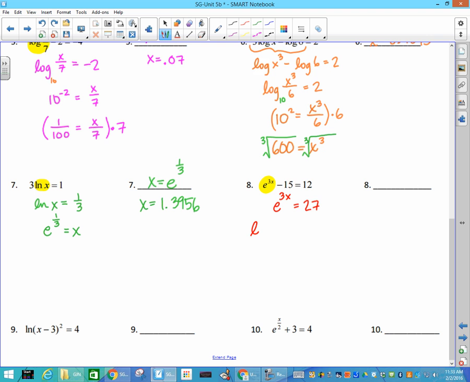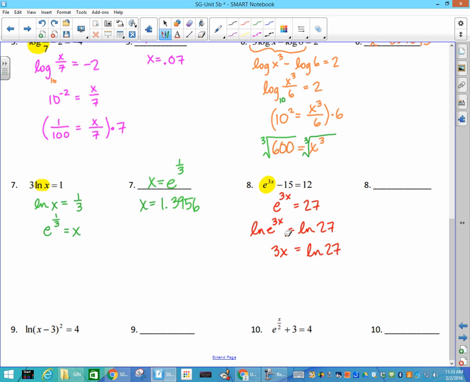And then I'm going to take the ln of both sides because I have a variable in my exponent. Okay? And we've talked about this. ln of e to the 3x equals 3x because those undo each other. They're inverses.